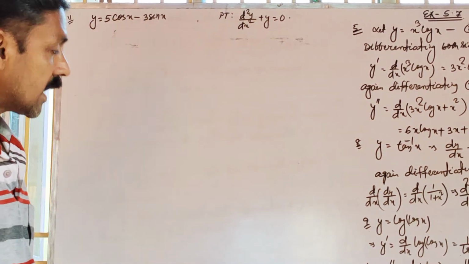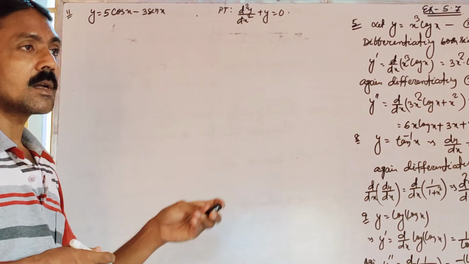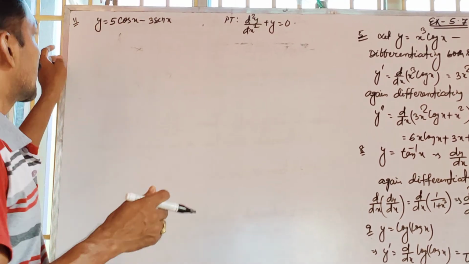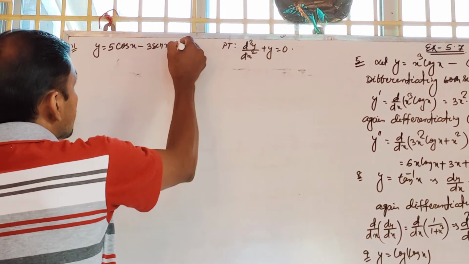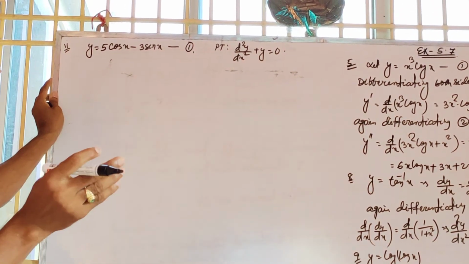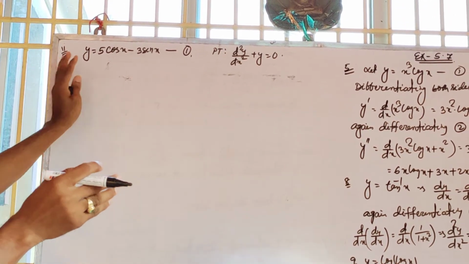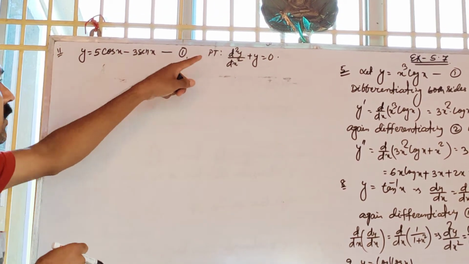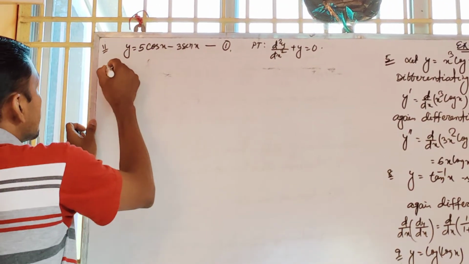So here the technique is: always in higher order derivative and proof type questions, give a number to each and every equation. Suppose the given one is 1, always take y as 1, because in some questions it is also used in the middle of the proof. So y is this. So we will find dy by dx.